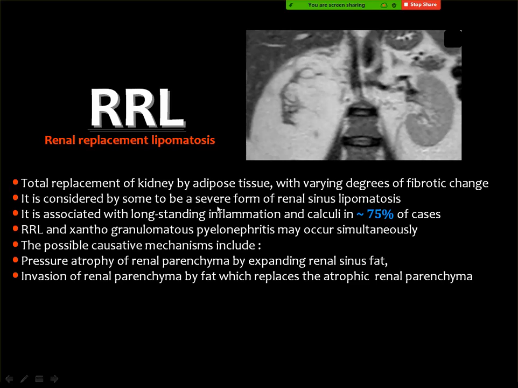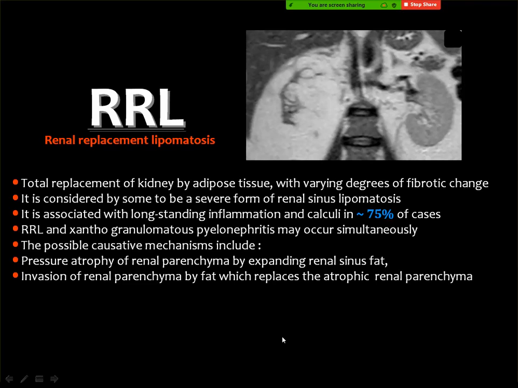It is considered to be a severe form of renal sinus lipomatosis, and sometimes is associated with the staghorn with a long-standing inflammation and calculi. Renal replacement lipomatosis and xanthogranulomatous pyelonephritis may occur simultaneously, starting by xanthogranulomatous to be followed by renal replacement lipomatosis.